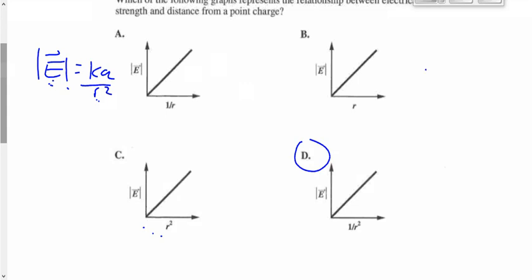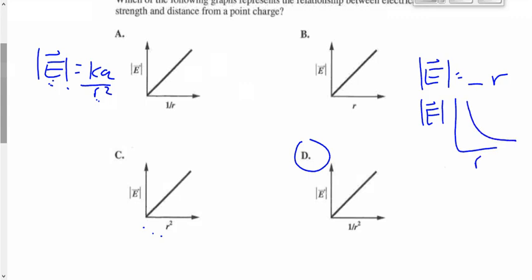The equation would have to be E is equal to something times R in order to be this one. The graph that shows E versus R would be like this. To straighten it, we plot 1 over R squared because it's KQ over R squared. So the answer for that one is, in fact, D.